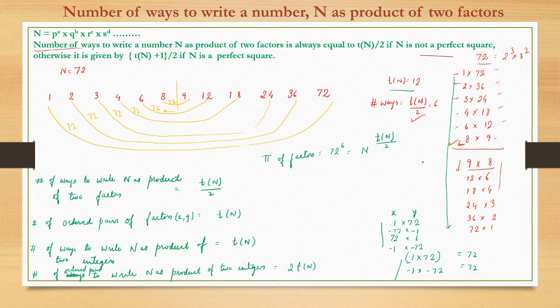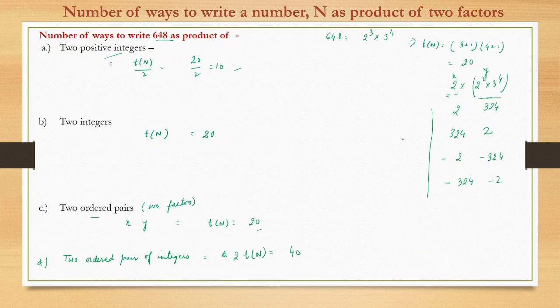So far we have seen the cases of numbers which are not perfect squares, but what happens if the number is a perfect square? That case we need to see. So let us see a case where n is a perfect square.